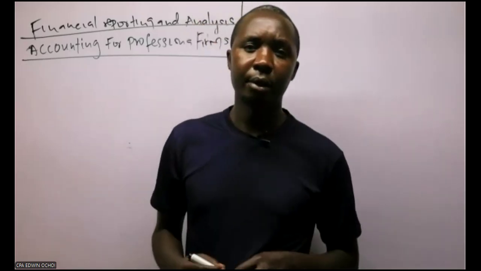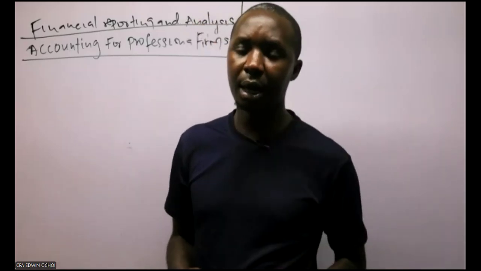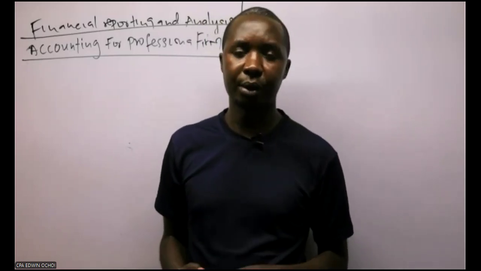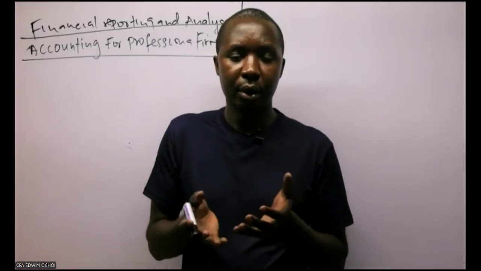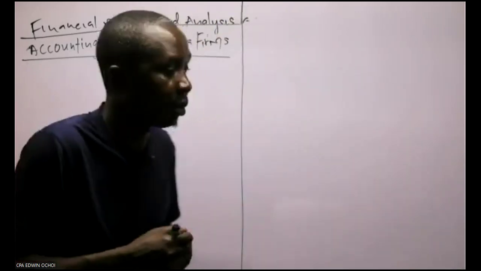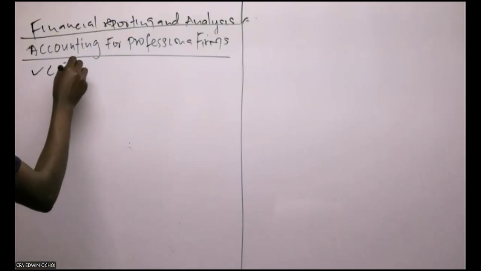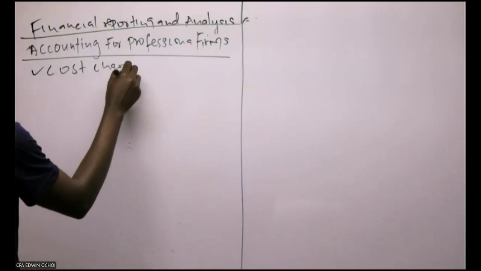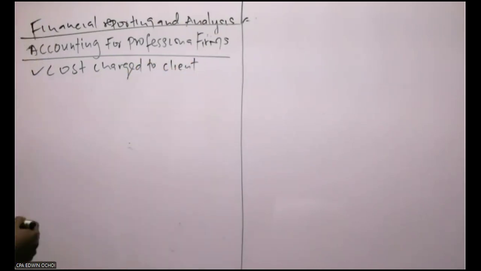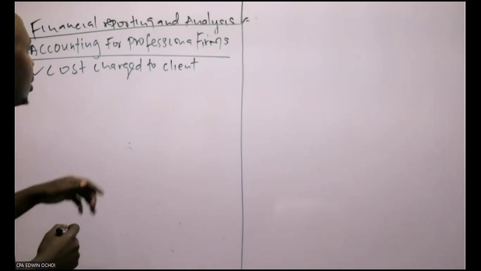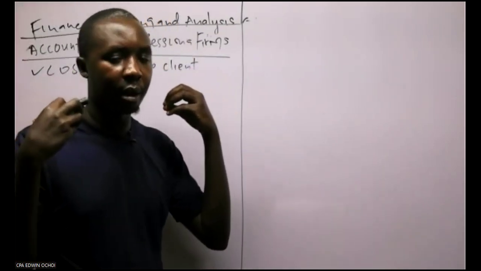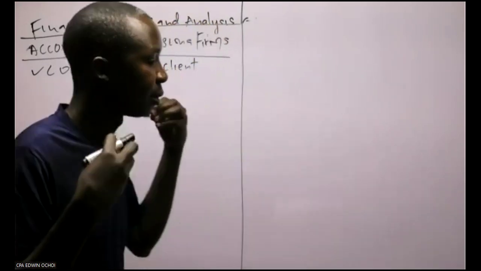Due to that, we need to know various terms used in accounting for the professional firms. Which is the major income in a professional firm? It is all about the cost charged to clients. Cost charged to amount payable to the firm.